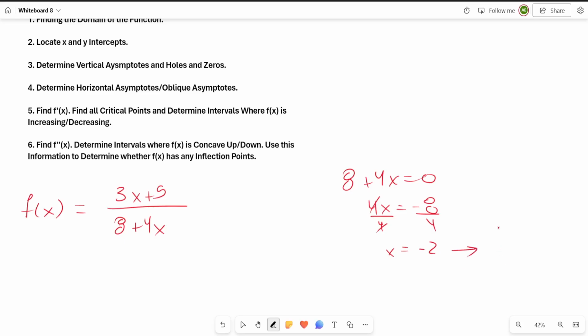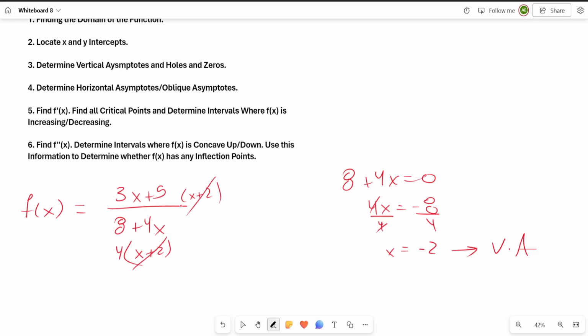This is going to cause my function to be undefined, and in the video where I explained how to differentiate between a vertical asymptote and a hole, we can know that this is going to be a vertical asymptote, as we do not have any shared factor up and down. If we had an x plus 2 over here, and I can simplify the denominator to 4 into x plus 2, I would cancel this with this.